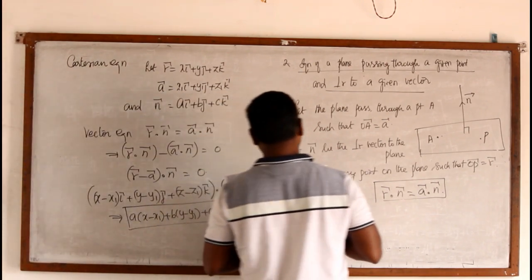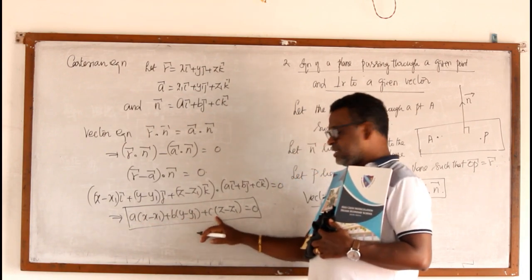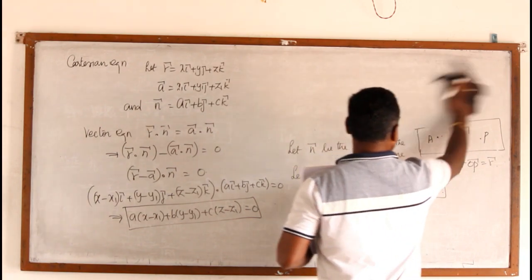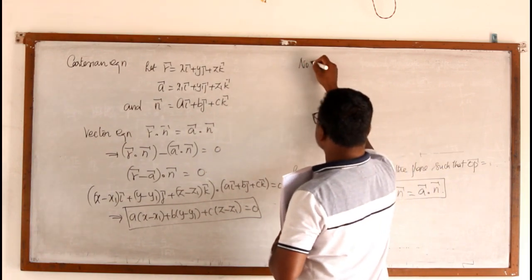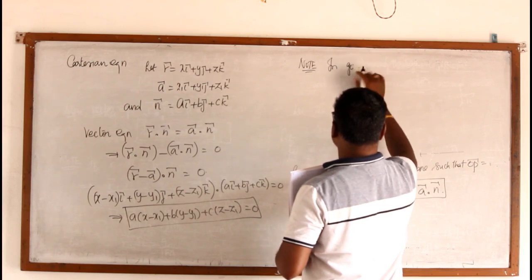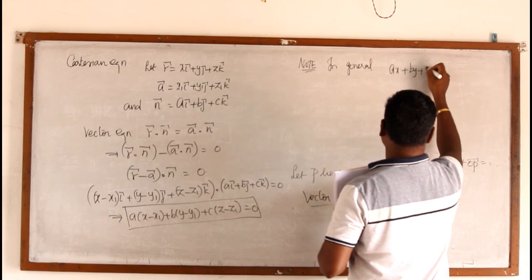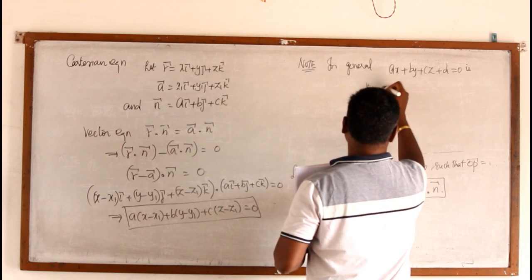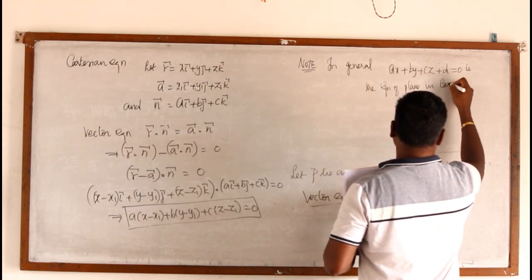In general, you can see a plane has an x coordinate, a y, then a z and then a constant. So take it as a note: in general, ax plus by plus cz plus d equal to 0 is the equation of a plane in Cartesian form.